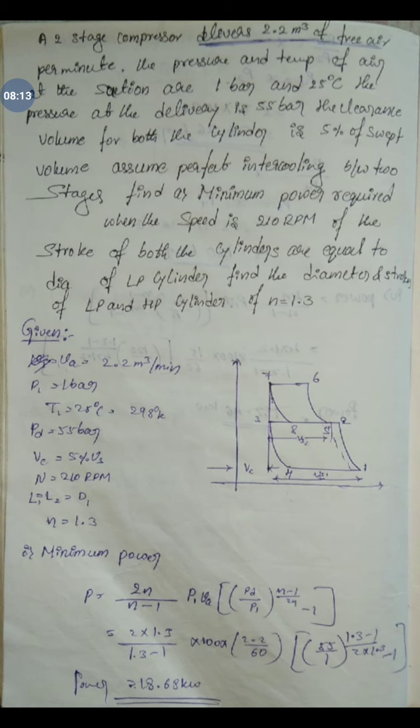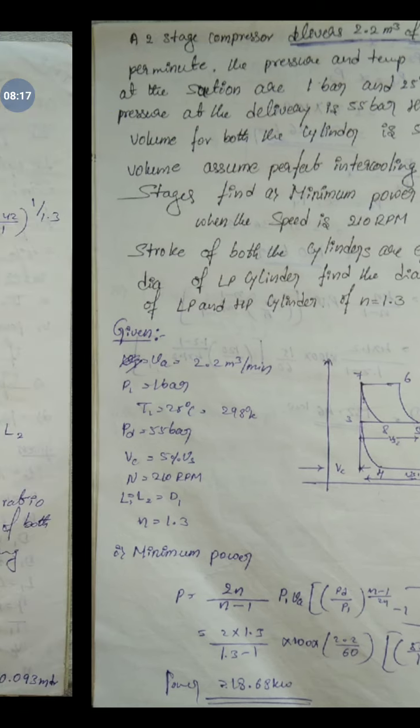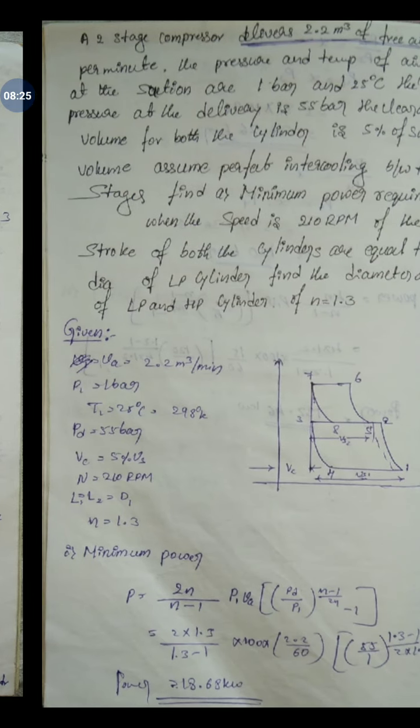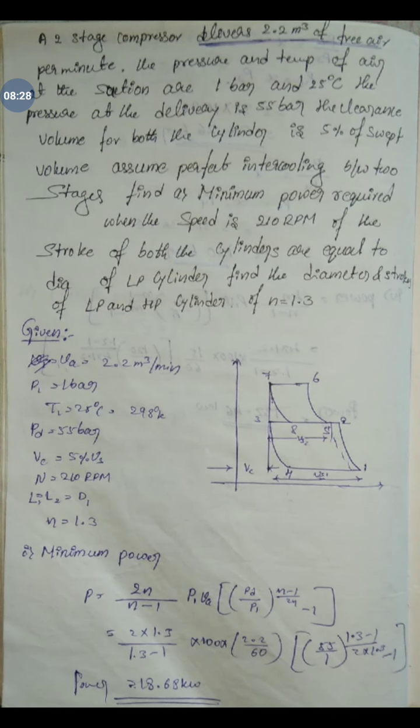The volumetric efficiency of both the compressors will be the same because of the perfect intercooling. From the diagram, P1 V1 will be equivalent to P5 V5 because cooling 2 to 5 is taking place. For perfect cooling, T5 will be equivalent to T1, and P2 is equivalent to P5.